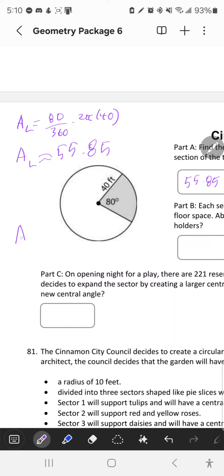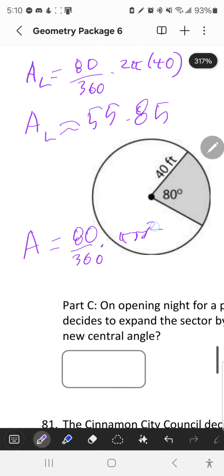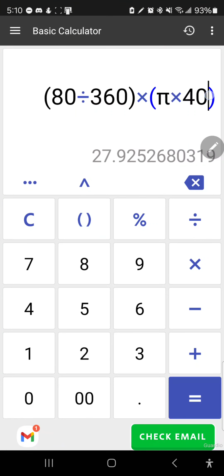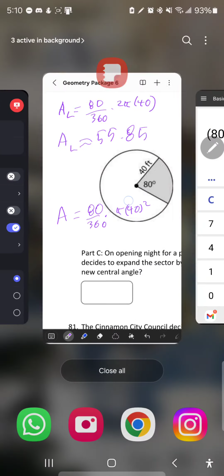So the area will be the angle, so 80 over 360 times the area of the circle, which is pi r squared. And in this case, r is 40, so 40 squared. We go back and we say pi times 40 squared, and that's approximately 1,117.